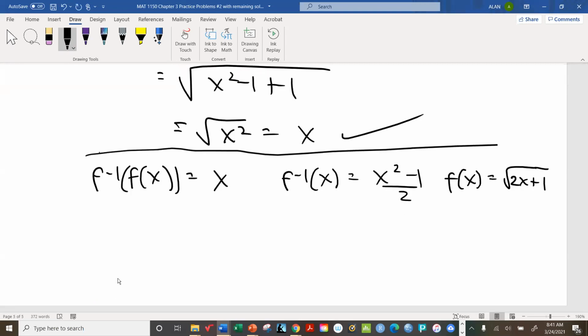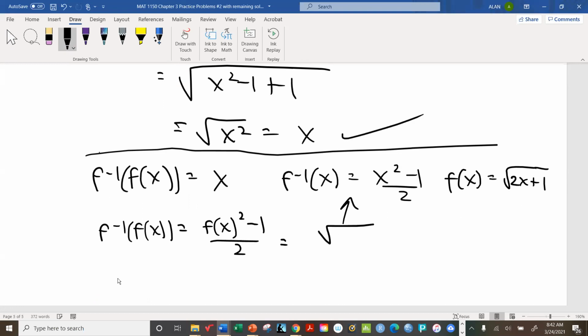All right, so now what we're actually doing is replacing all the x's with f of x. So the radical 2x plus 1, squared, minus 1.